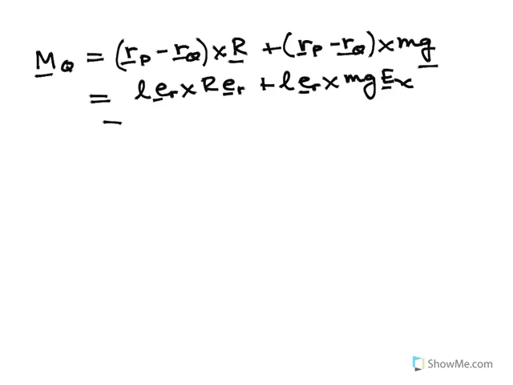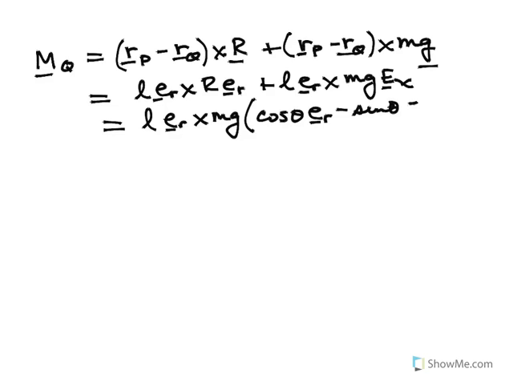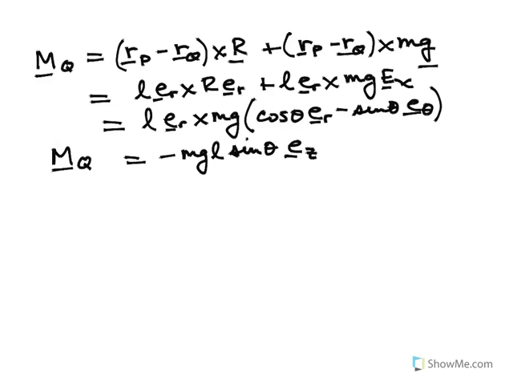The first term is equal to 0, so this gives L Er crossed with mg Ex, and Ex is equal to cosine theta Er minus sine theta E theta, which gives minus mgl times the sine of theta times Ez. So this is the moment relative to point Q.